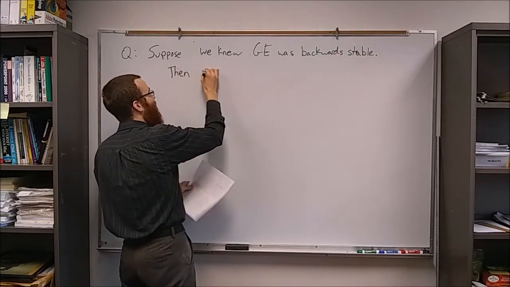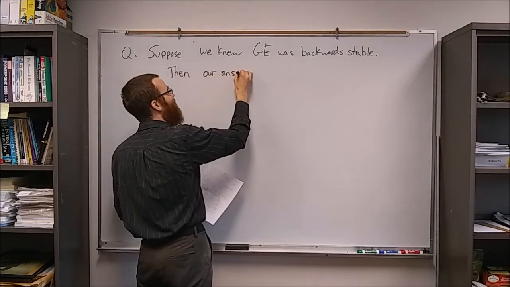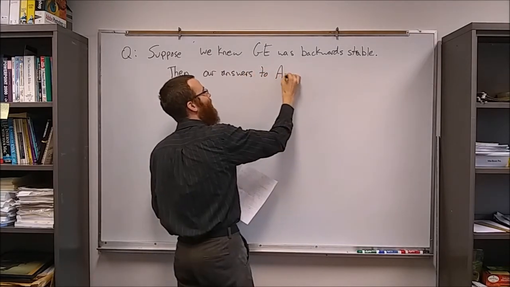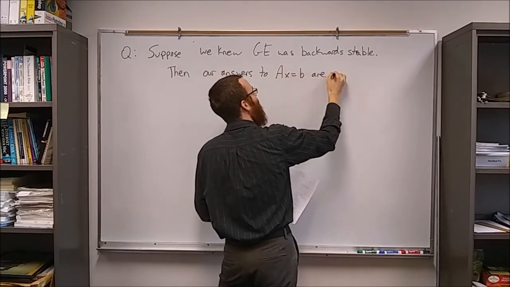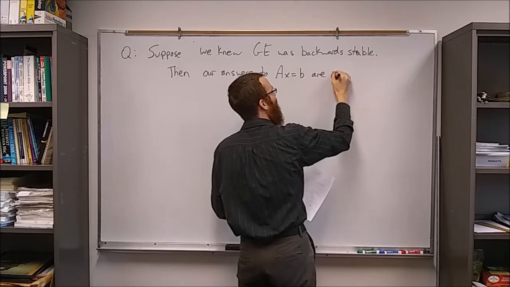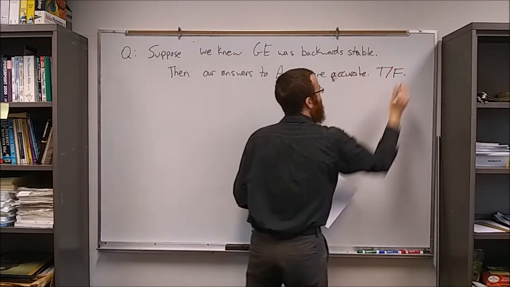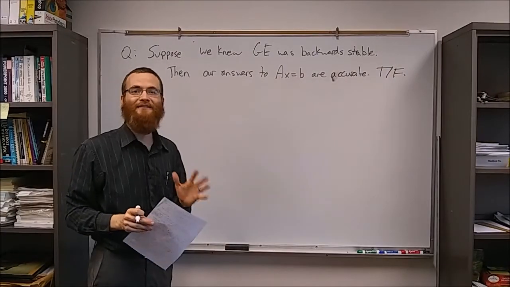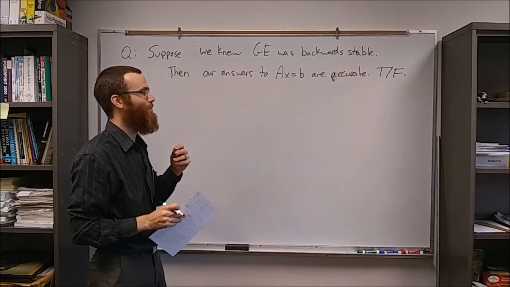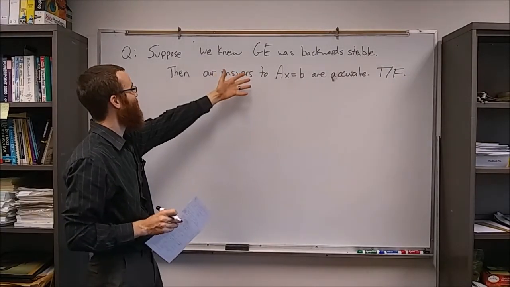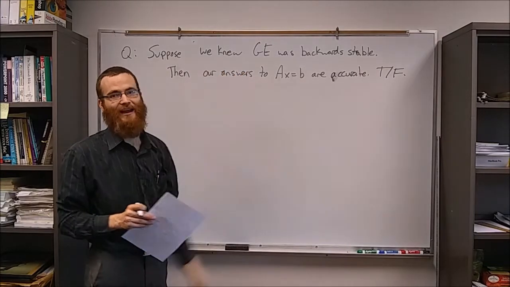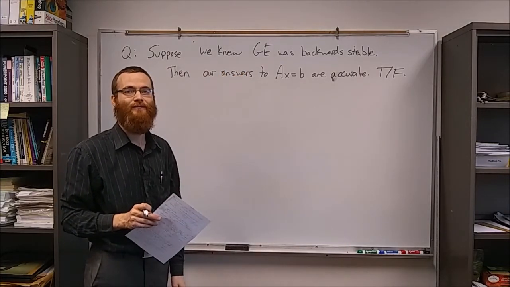Then our answers to AX equals B are accurate. True or false? So pause the video for a second, think about that. If it's backward stable, then our answers are accurate. Is that true or false?